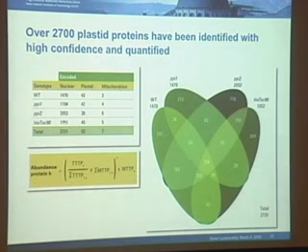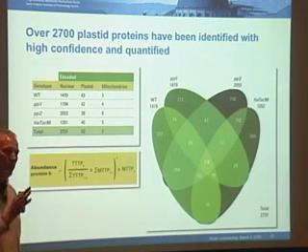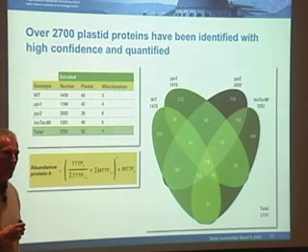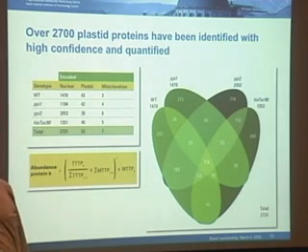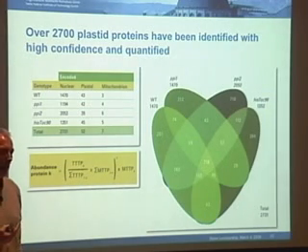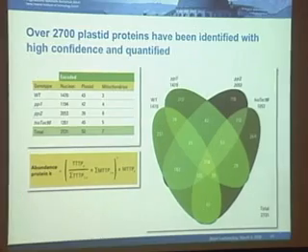The current number of proteins that we have identified in plastids is pushing around 2,700. So he has identified many more low abundant proteins by simply taking out these high abundant proteins using the import mutant. I thought that was a pretty clever approach.